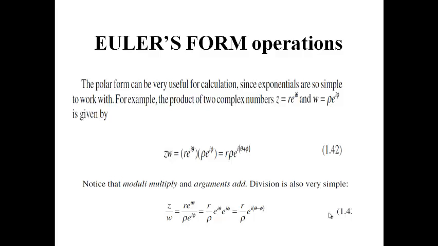exponentials are so simple to work with. For example, the product of two complex numbers z equals r into e power i theta and w equals rho into e power i phi is given by zw equals r rho into e power i into theta plus phi. Notice that moduli multiply and arguments add. Division is also very simple: z by w is r by rho into e power i into theta minus phi.